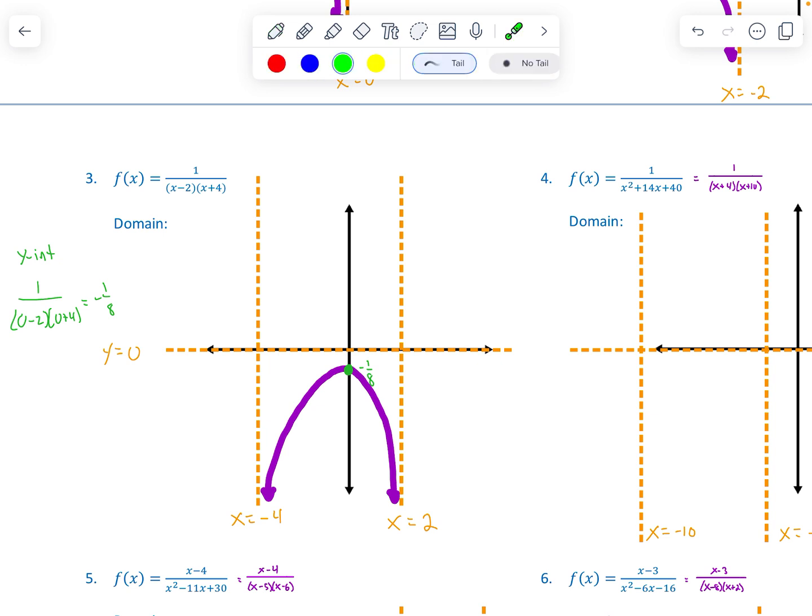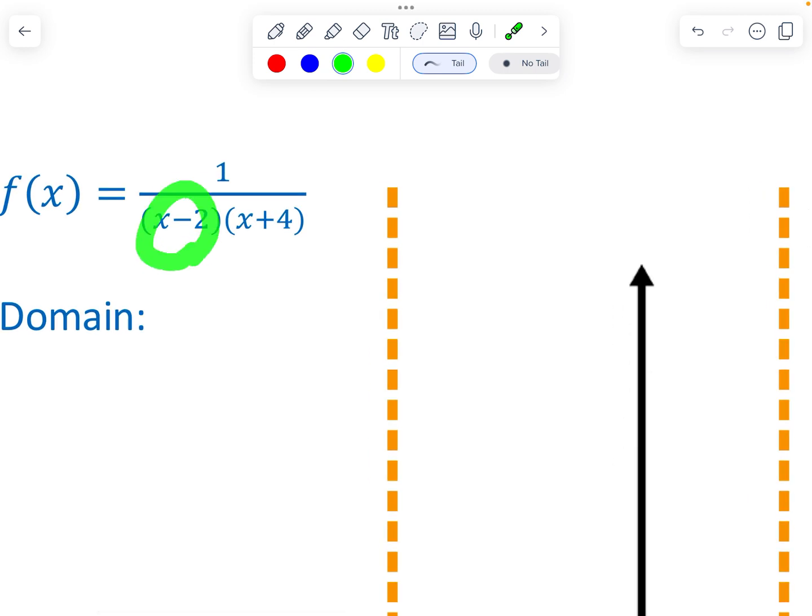And now we got to figure out the other two pieces. Is it up here or down here, or up here or down here? And this is where we can analyze, plugging in a number close to 2, but bigger than 2, like 2.1. If you plug in 2.1 right here, you're going to get a positive number from this bubble, and you get a positive number from this bubble.